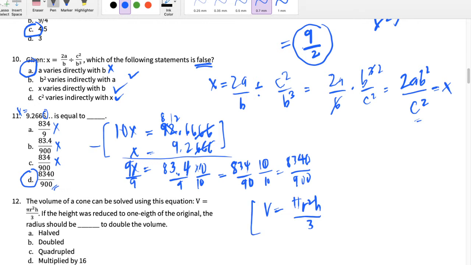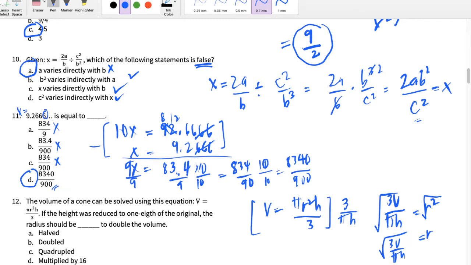So, ibig sabihin, what we're gonna do is multiply it by 3 over pi h. Okay? Multiply both sides. So, makuha natin here would be 3v over pi h is equal to r squared. Pero r yung hinahanap natin. So, square root of that.